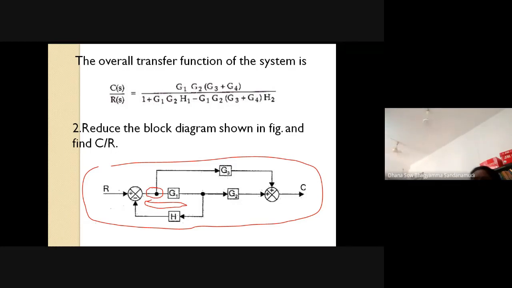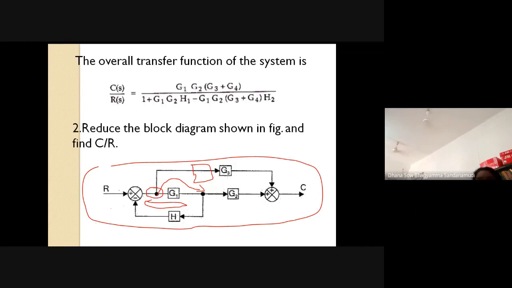there is an obstacle. So what I can do is move this branch point ahead of this block. When I move a branch point ahead of a block, what happens in this parallel path? Another block is introduced.